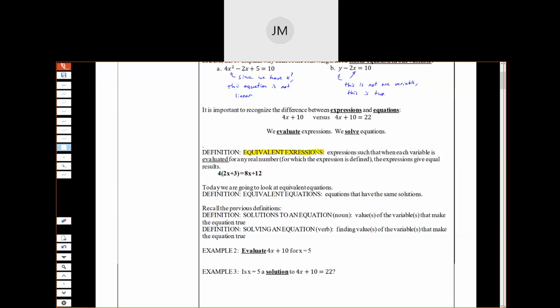So when I look at 4 times parentheses 2x plus 3, and I look at 8x plus 12, it's not like 1 or 2 x values that will make this a true equation. It's every x value.